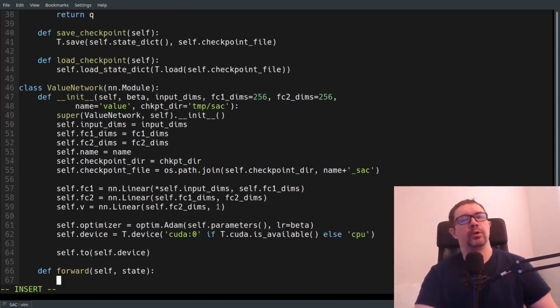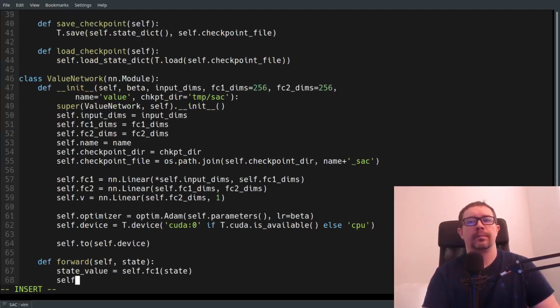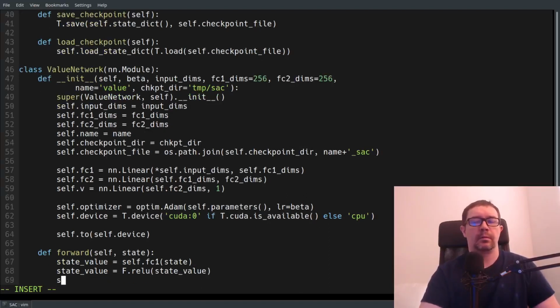The feed forward function is pretty straightforward. We want a state value, and then we want to activate it, and pass it through our second fully connected layer.